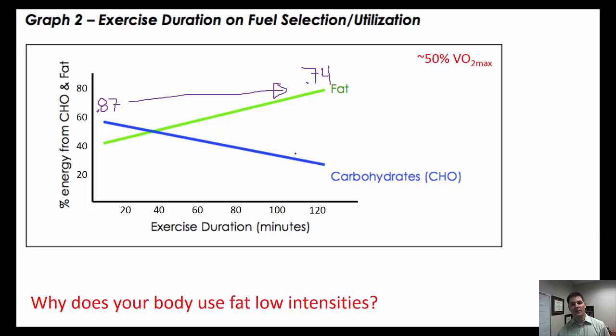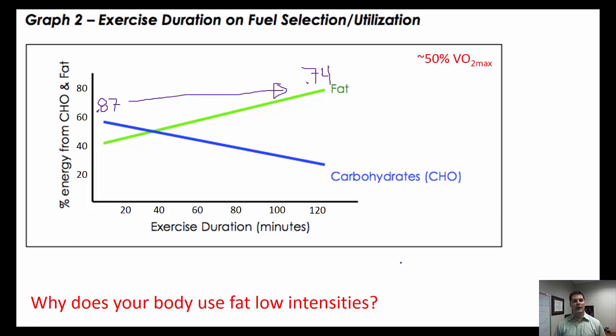So potentially hundreds of thousands of calories stored as fat in our body, and only 2,000 stored as carbohydrates. Therefore, during these prolonged bouts of exercise, we spare carbohydrates by using more fats, which we have plenty of. Again, we use fats at low intensity in order to spare our carbohydrate storage and utilize our fat storage, which we have a very large amount of.